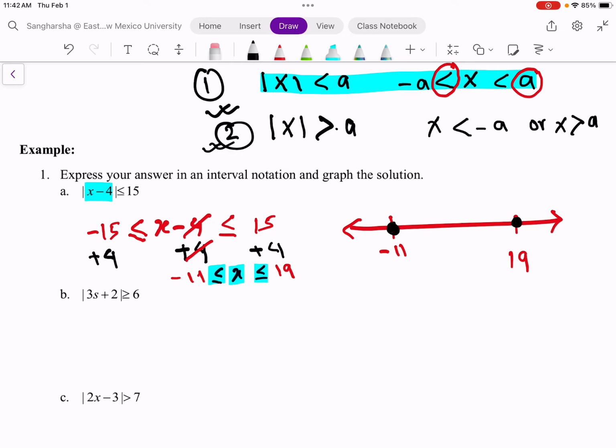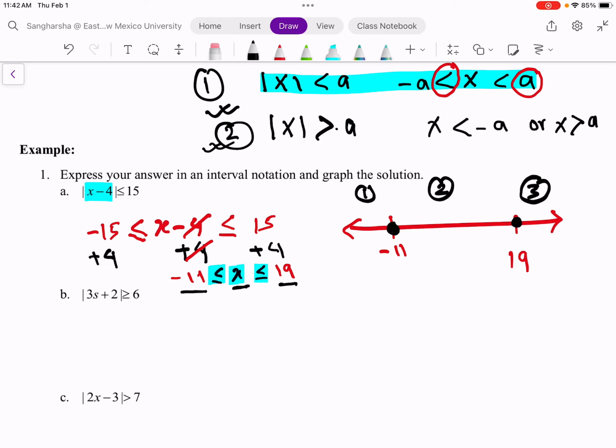Now, where do we find a number which is greater than negative 11 and less than 19? Let me call these part 1, part 2, part 3 of the number line. In which part do we find a number greater than negative 11 and less than 19? In part 2, right?